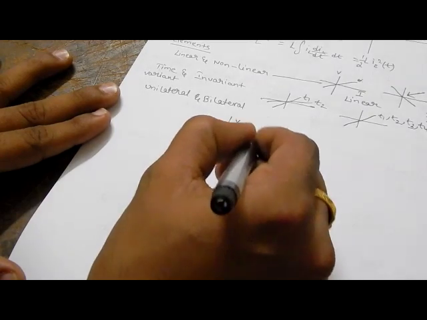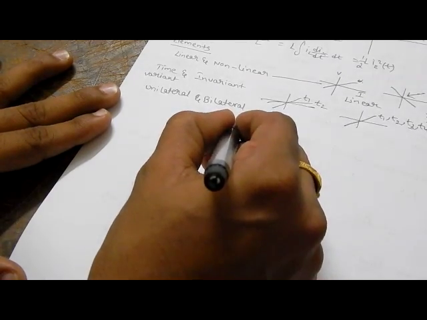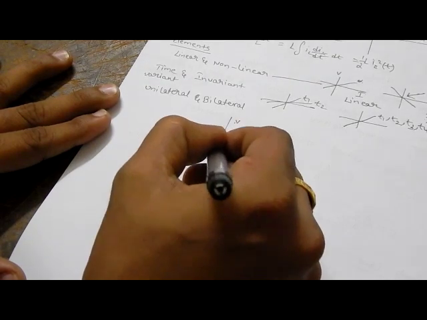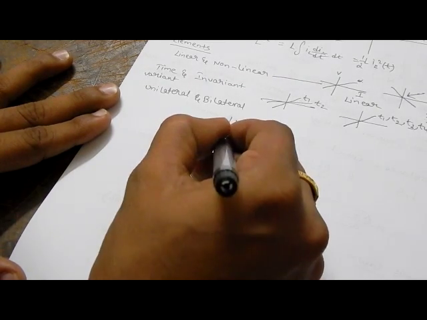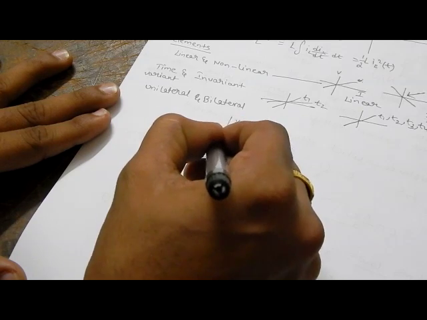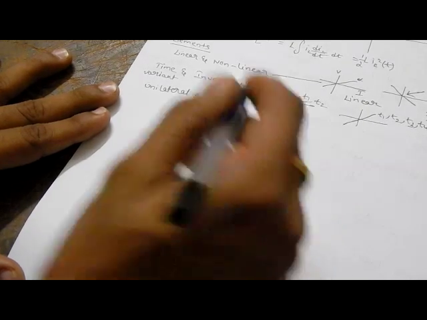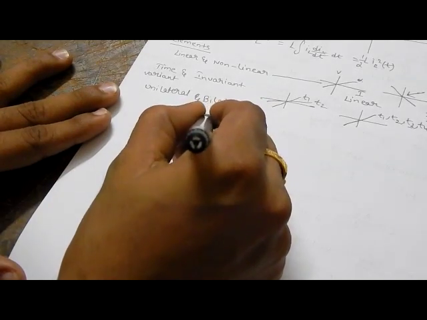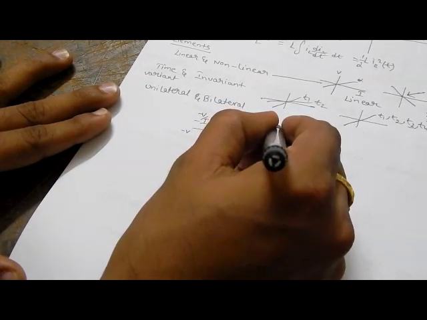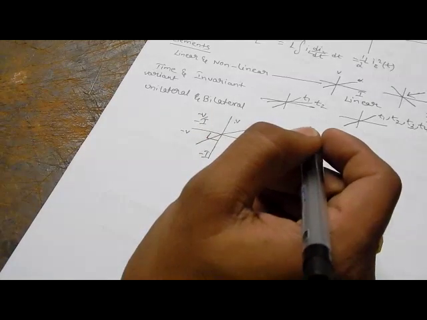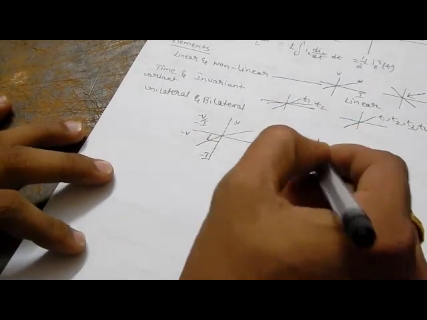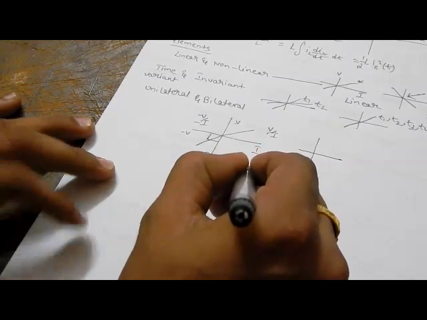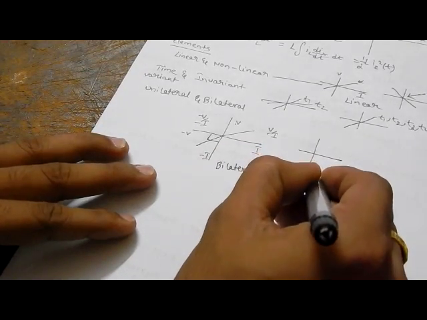If you consider V and I, this is plus V and this is minus V. If you consider minus V and minus I, both slopes have to have the same direction. That means the impedance should be equal. Minus V by minus I should be exactly equal to V by I. This is bilateral, in both the positive direction and the negative direction.